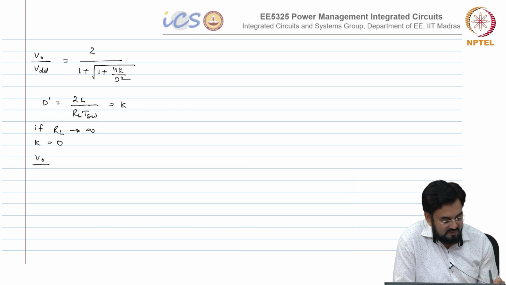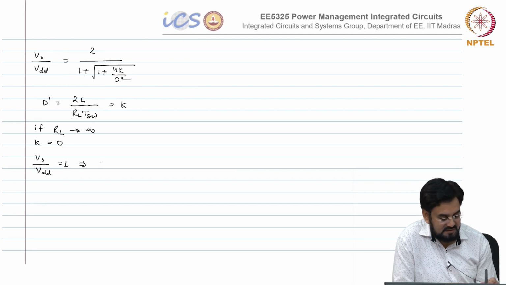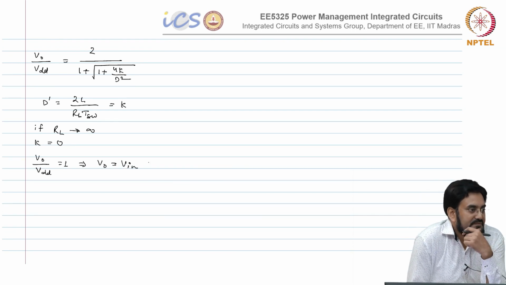So what will happen to V_out over VDD? 1. This implies in DCM under no load condition your output will go to V_in, it will saturate.